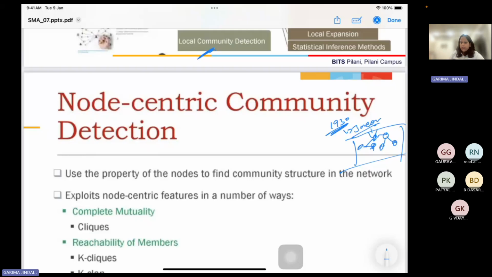Then during the 1970s to 1990s, computers started gaining popularity, and a lot of algorithms were developed to automate systems. During this time, people started thinking about the question: how do we identify the groups in the network?